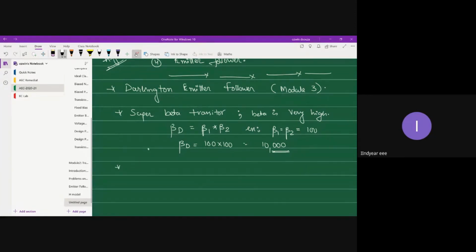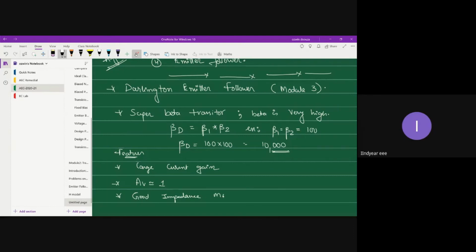So Darlington emitter follower features are large current gain, and voltage gain approximately equal to 1, just like any other emitter follower circuit, and good impedance matching.